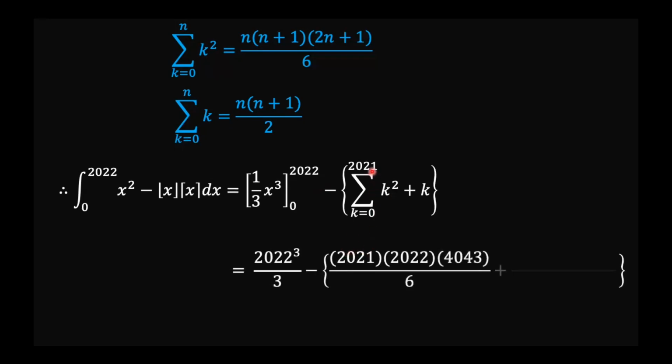Since our n is 2021, n plus 1 would be 2022, and 2n plus 1 would be 4043. For the k sum, n is 2021 and n plus 1 is 2022 over 2, and the other over 6.